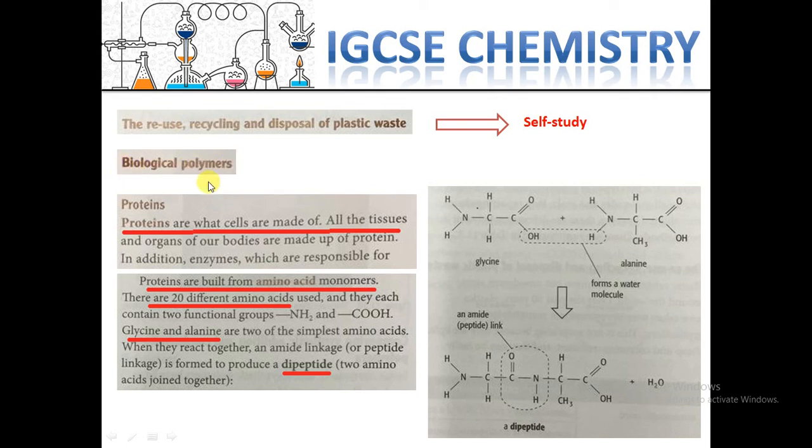Let's move to the next part, which is biological polymers. We have biological polymers that are not made by humans artificially. Naturally they are available. Nowadays scientists are also able to artificially make biological polymers like protein. Protein is one of the common examples of biological polymers. Proteins are what cells are made of.